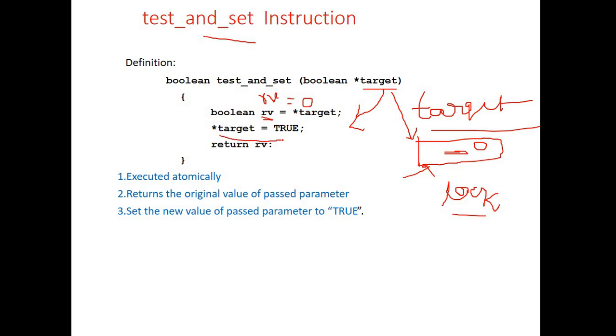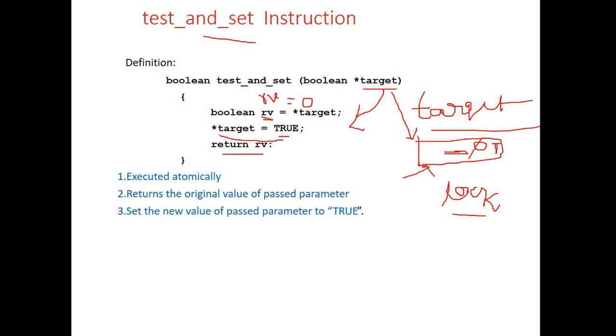Now we are changing the contents of the target variable in this memory location. So the content of the target variable becomes true here. That means instead of false, now the value of this memory location will be changed to true. Previously it is false and now it will become true.